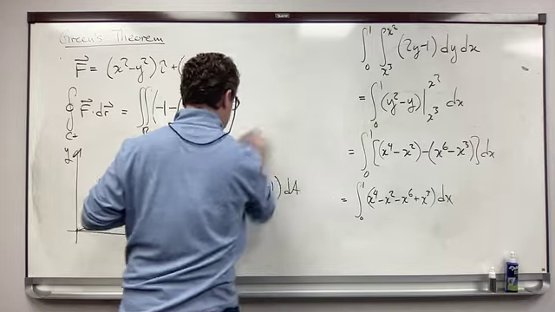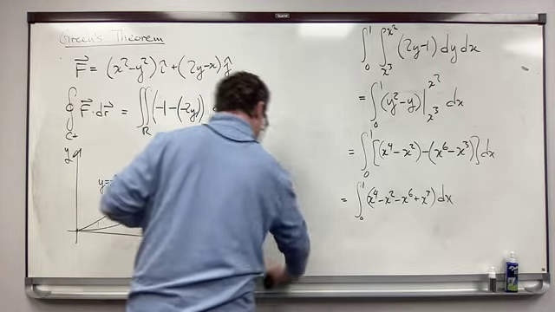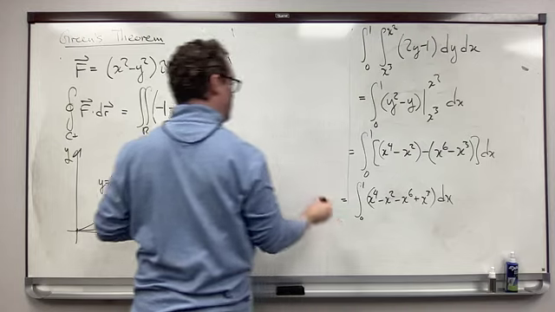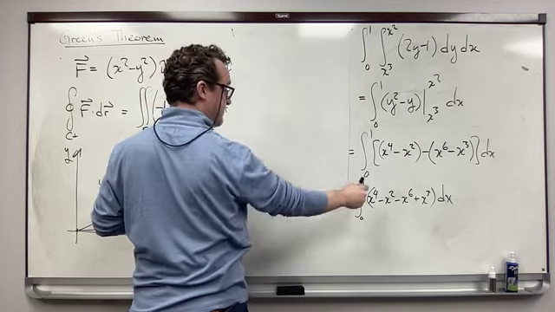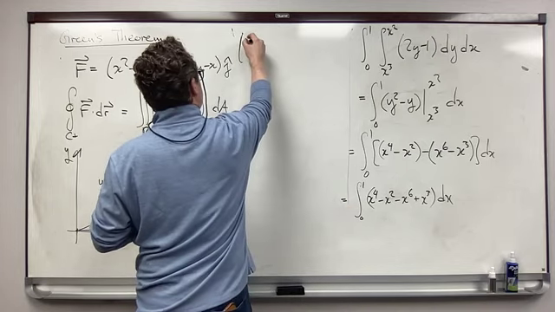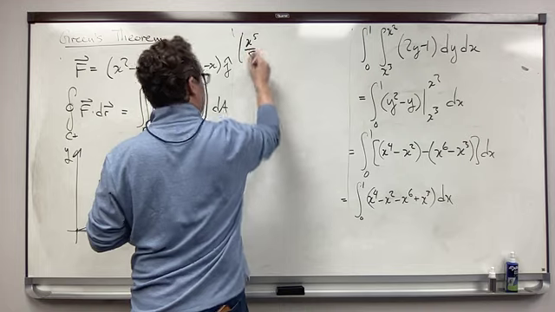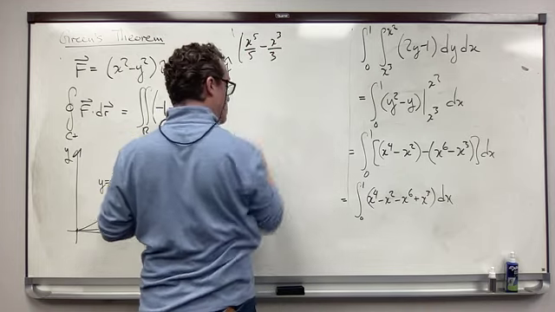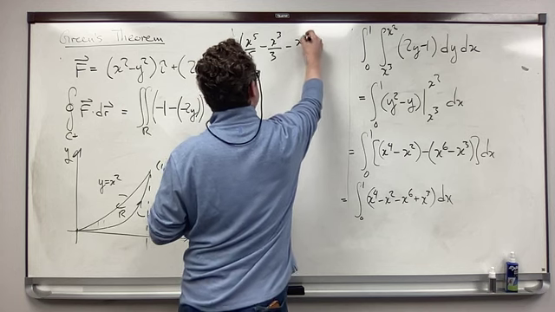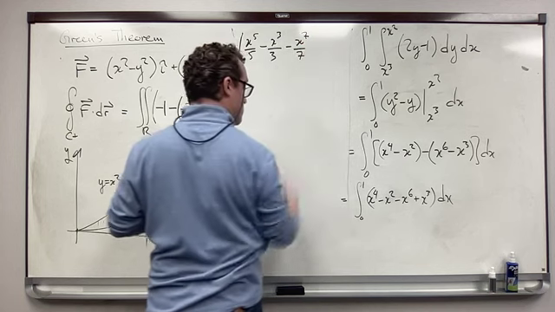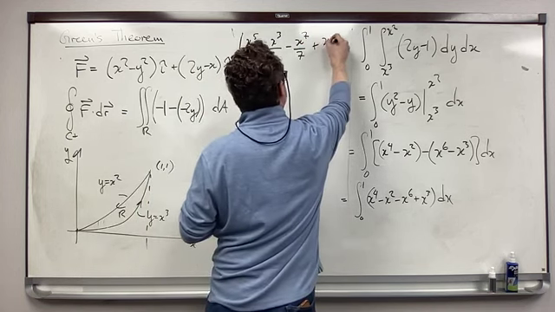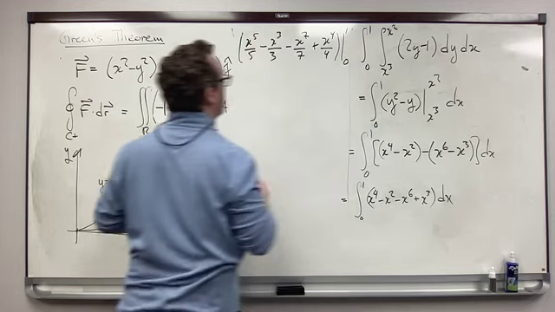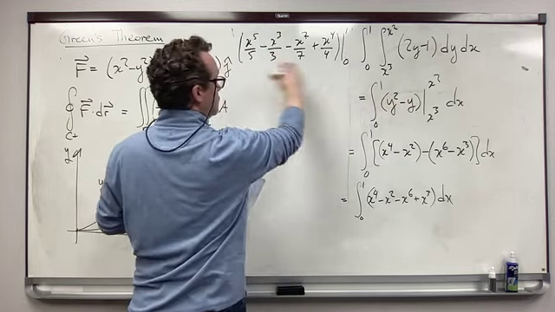Well, that's pretty easy to do. Let's just go through here. If I do those, this becomes x to the 5th over 5 minus x cubed over 3 minus x to the 7 over 7 plus x to the 4 over 4, from 0 to 1. Now the zeros are all going to be 0, so I just have to put 1 in here.